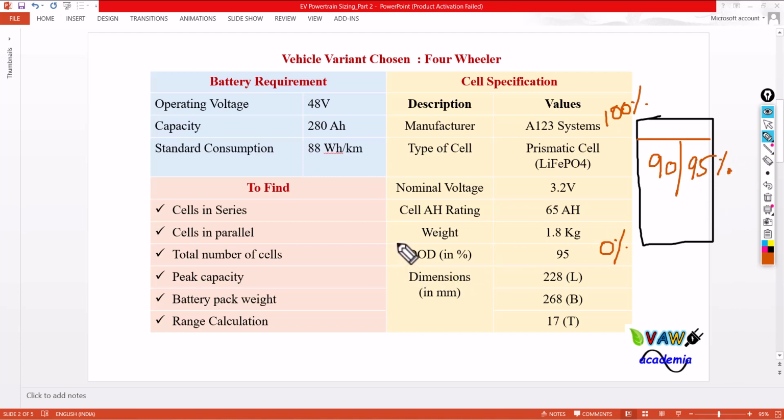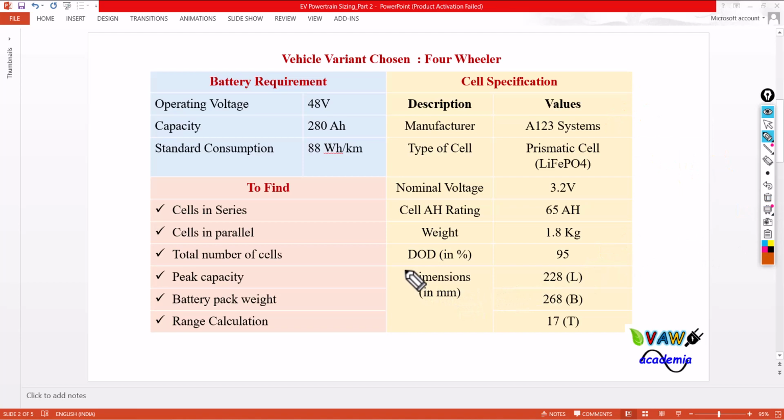This depth of discharge is normally given by the battery manufacturers, and according to that, you can use the battery. No one can use 100% of the battery. You can either charge or discharge the battery only up to 95% or 90% according to the requirement. That is called depth of discharge.